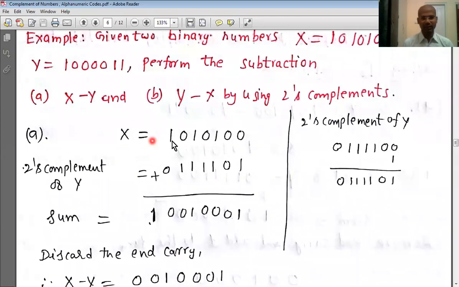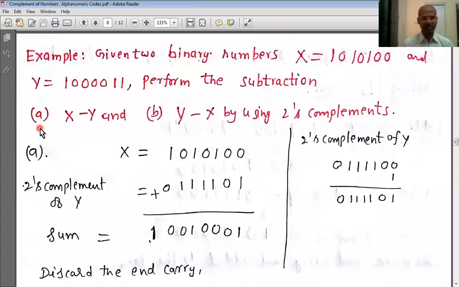We write x, the given number, as it is. But for y, we are solving question A, so we should not write y directly. We have to write the 2's complement of y.